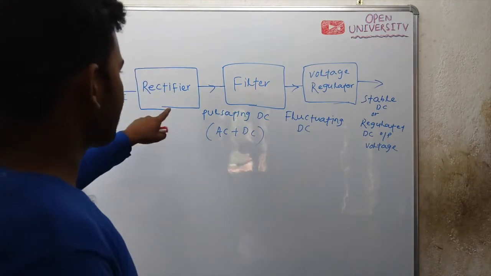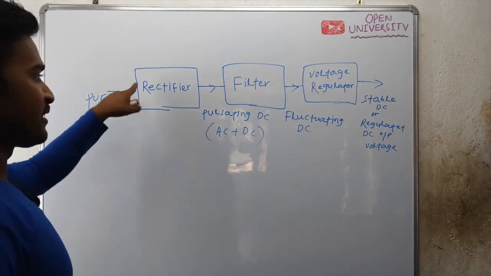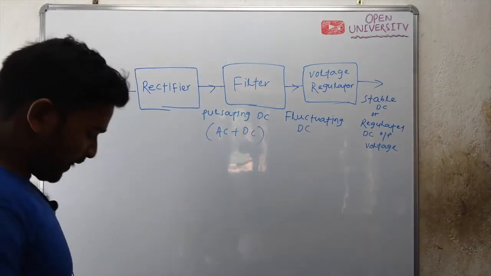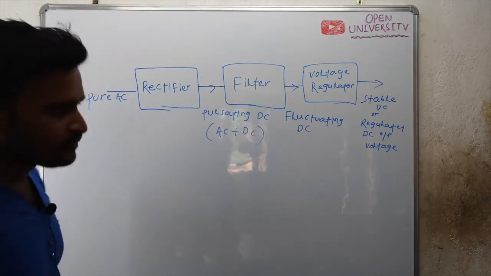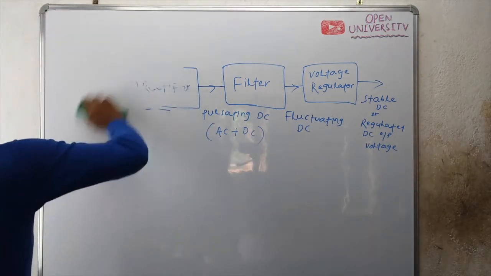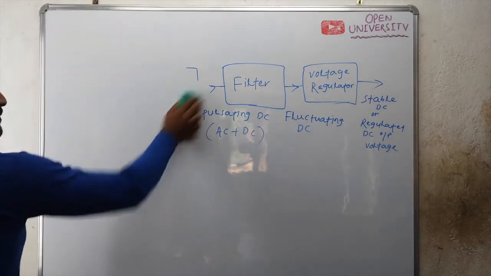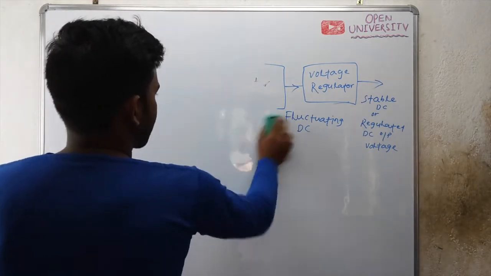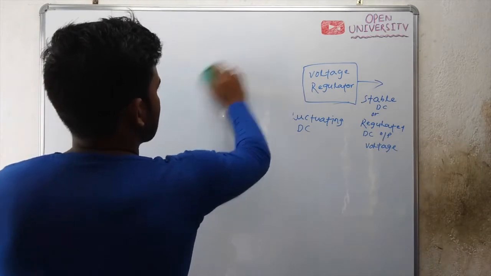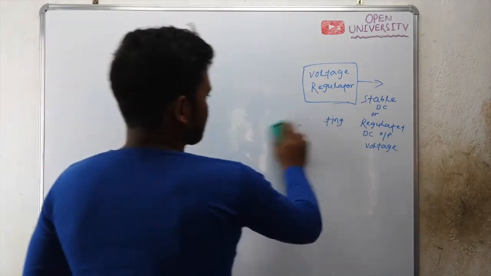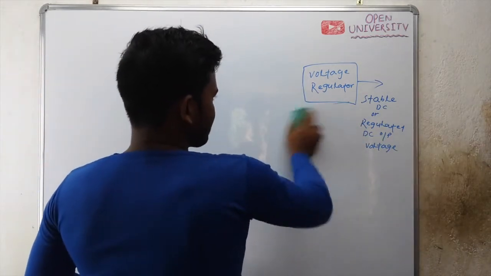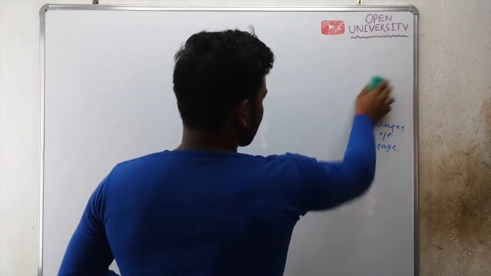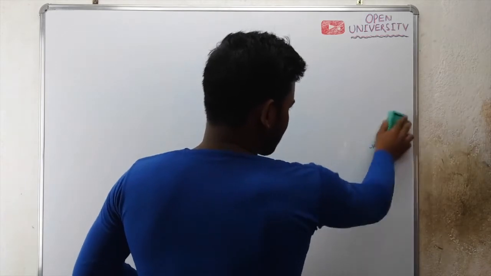In the last videos, we were discussing about rectifier. Let's discuss about the filter. Give the heading. What is filter? We know that filter is a frequency selective network which passes some frequency and rejects some other frequencies.